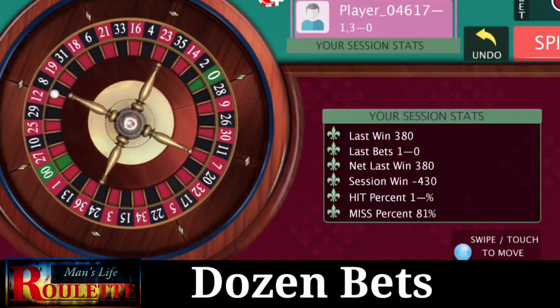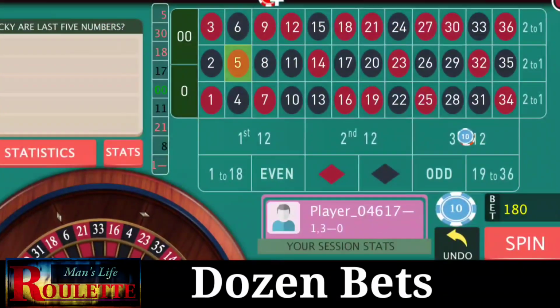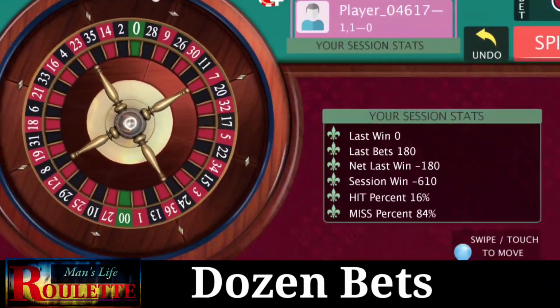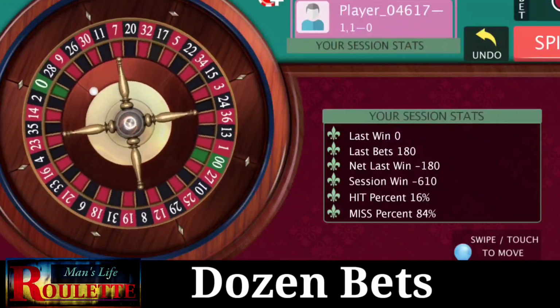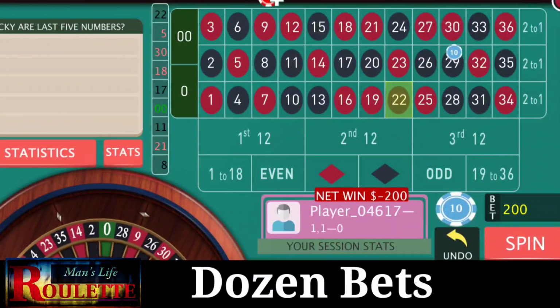It's 5, again I lose here, so again I have to increase the bets. So repeat and increase $20 more. Now it's become $200. This time it's 22, and again I lose here, so again I have to increase the bets.